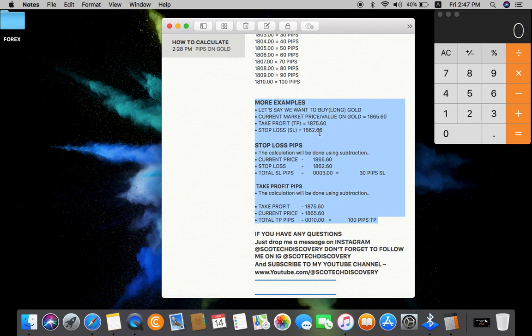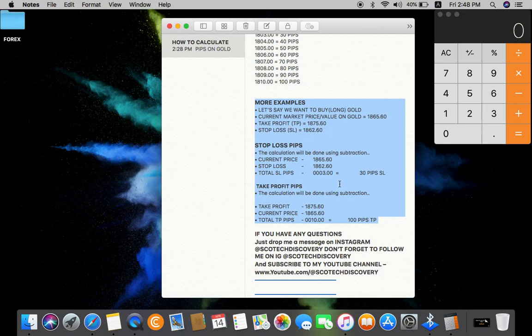If we want to know this pips movement, we want to calculate our take profit and the stop loss. You need to calculate your stop loss first to know how many pips movement. So what you need to do is say current price is 1865.60. Stop loss is 1862.60.